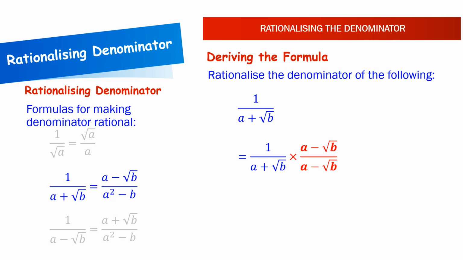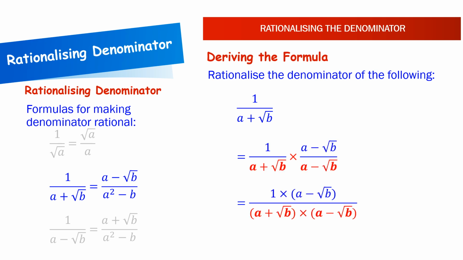We need to do this by multiplying by a minus root b divided by a minus root b to give us 1 times a minus root b in the numerator and this expression here in the denominator.